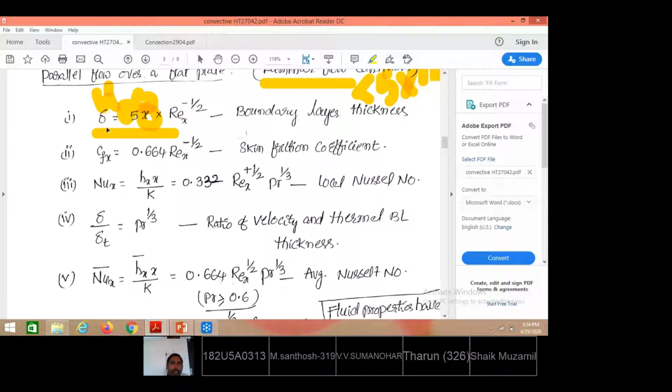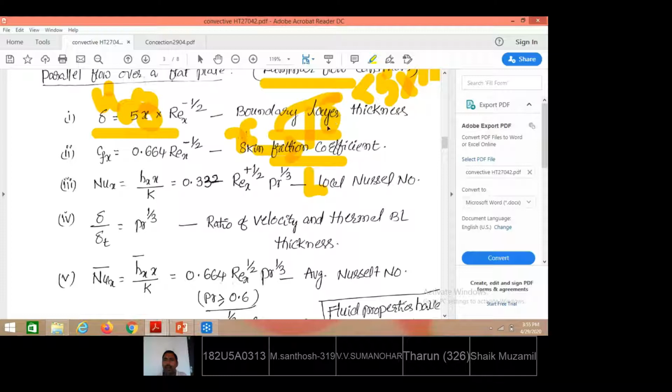How do you get the velocity boundary layer thickness? Here it is 5 into x, the distance. Along the length of a plate, at the distance where we are trying to estimate the boundary layer, suppose if this is the plate with a length of L, at a distance of x, you are getting the boundary layer thickness as delta.